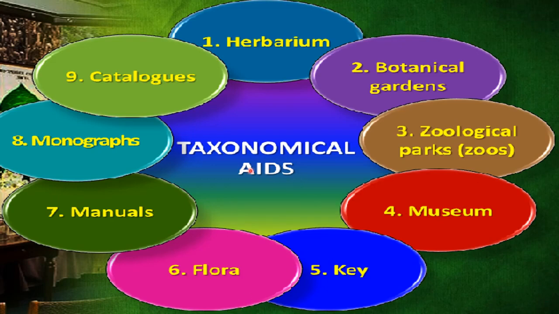These are the aids used for taxonomy. These taxonomical aids are herbarium, botanical gardens, zoological gardens, museum, key, flora, manuals, monograph and catalogs. These total 9 taxonomical aids are used for the classification of organisms.